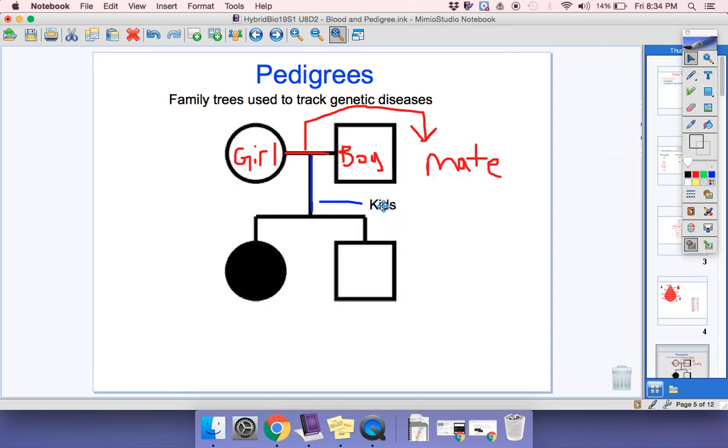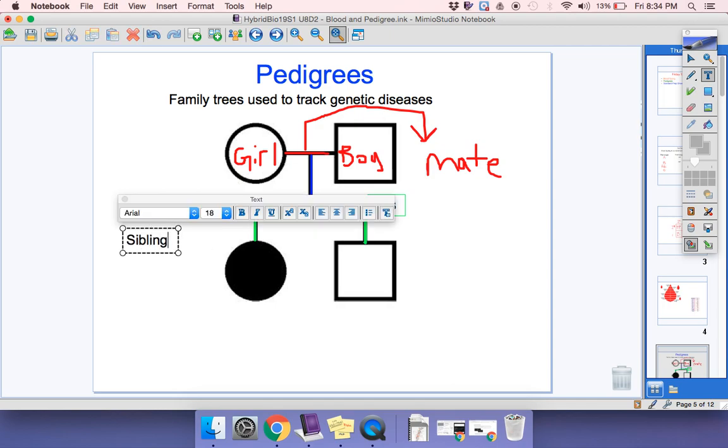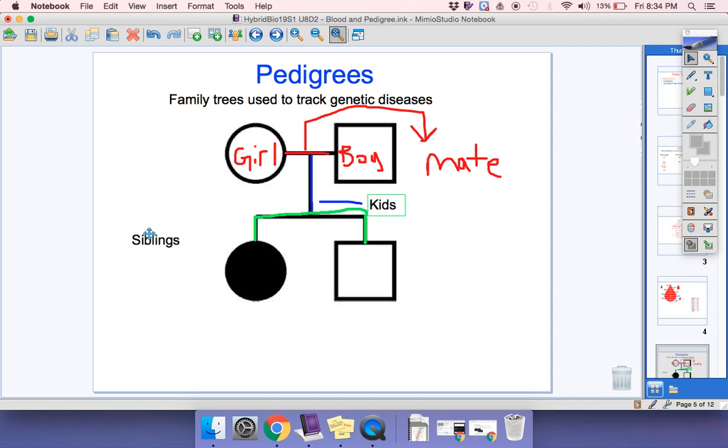Here are their kids. And then the up, over, down arrow right here, okay, this line here, those guys would be siblings. So here you have a sister, a brother, mom, and a dad. The colored in circle means that you have the disease.